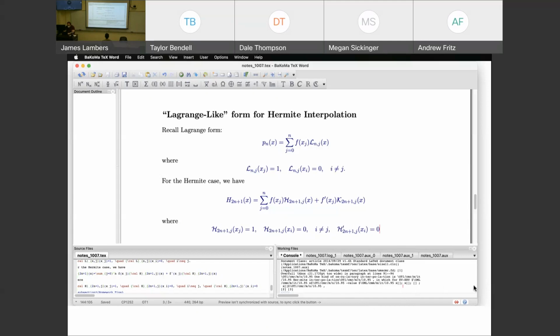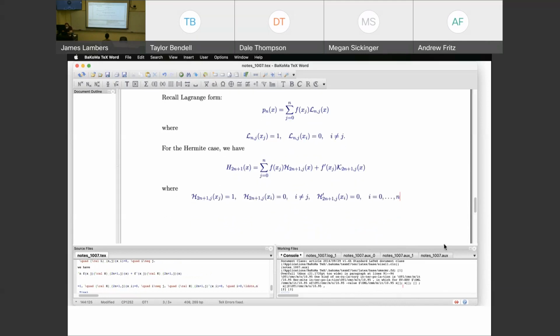But this condition is for all i from 0 to n. So now I have n conditions here. Here I have one more condition, so a total of n plus 1. And then I have n plus 1 more conditions here, so that's a total of 2n plus 2 conditions, which is enough to determine the h's uniquely. And now I have similar criteria for the k's.